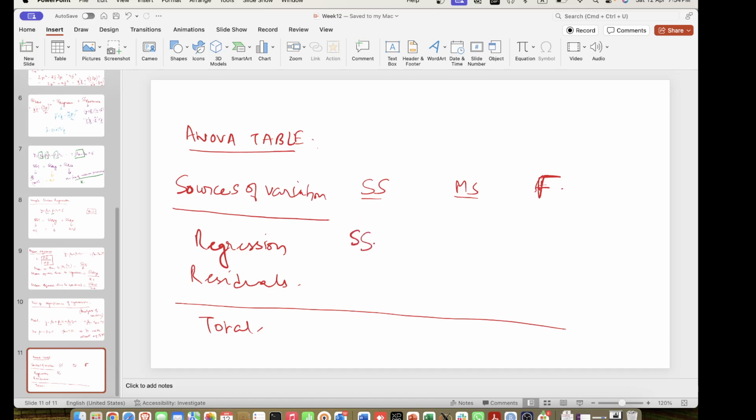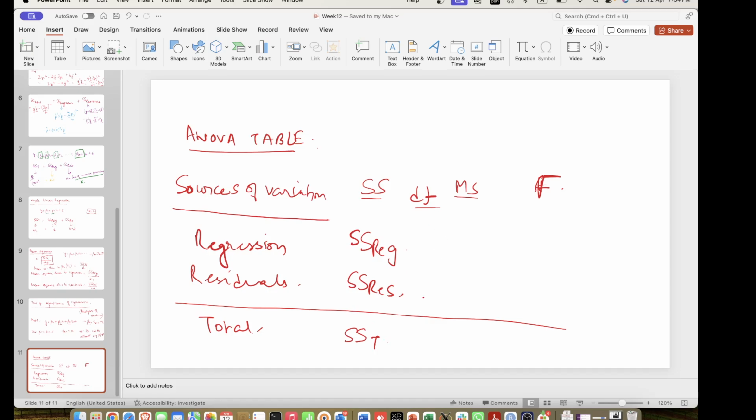Then we have SS. So here I'm going to write the SS regression, here I'm going to write SS residuals, and then let me just write down the DFs as well, and here I have SS total. So the total sum of squares is partitioned into two orthogonal components like this and this.